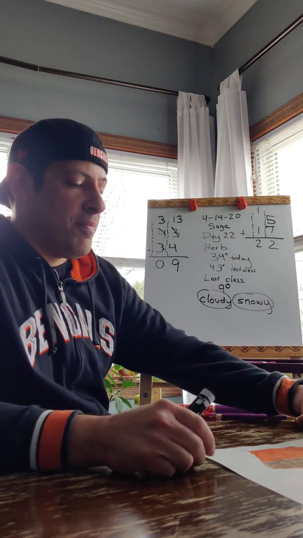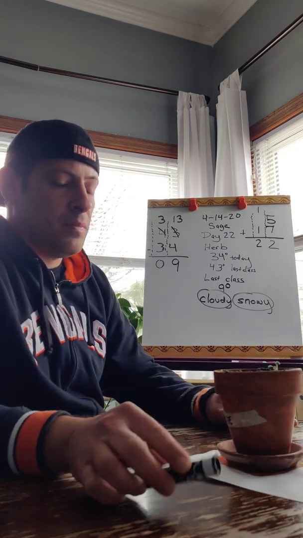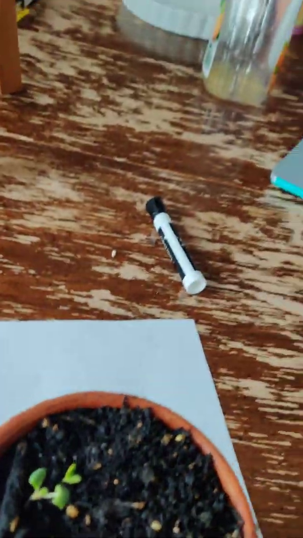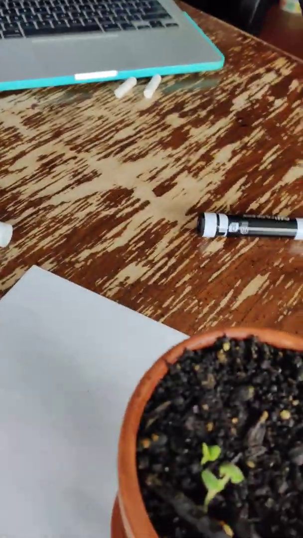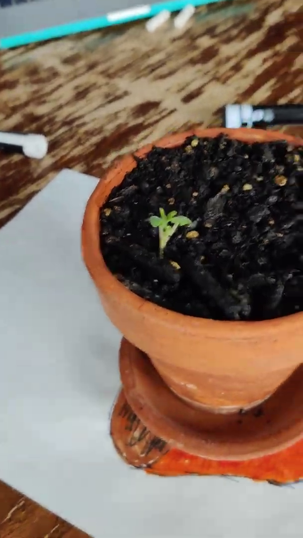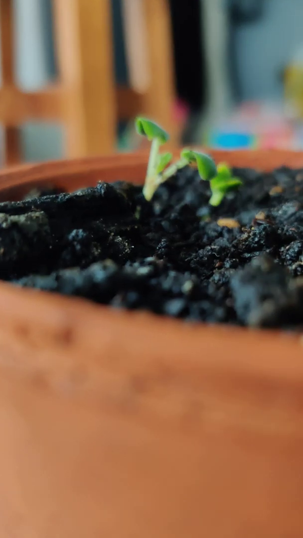And now we're going to measure our plants. Ruler. Alright, so like in class, we're just going to round off to the nearest 1/4 of an inch. Let's see if that works.